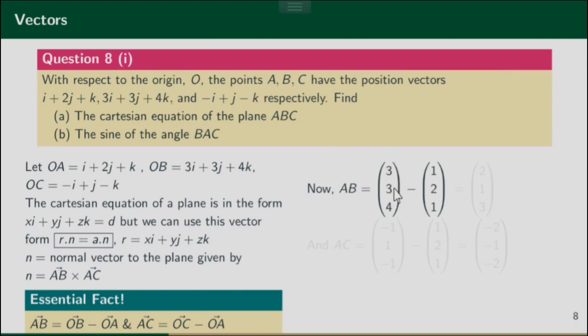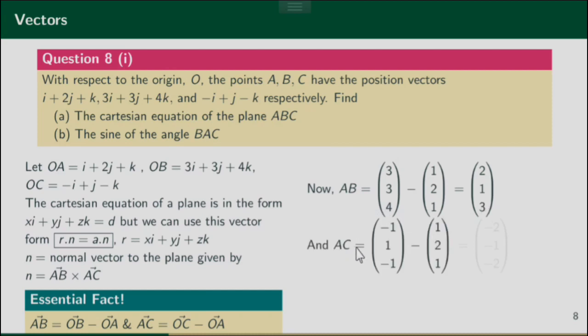I'll write it in column form. And OA is the vector 1, 2, 1. Subtracting, 3 minus 1 is 2, 3 minus 2 is 1, and 4 minus 1 is 3. So the vector AB is 2, 1, and 3.